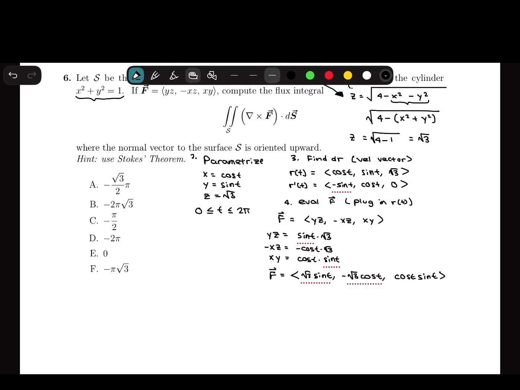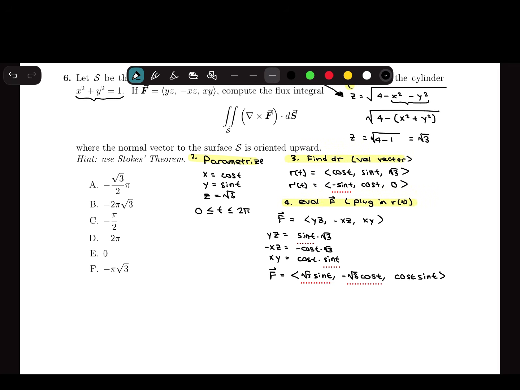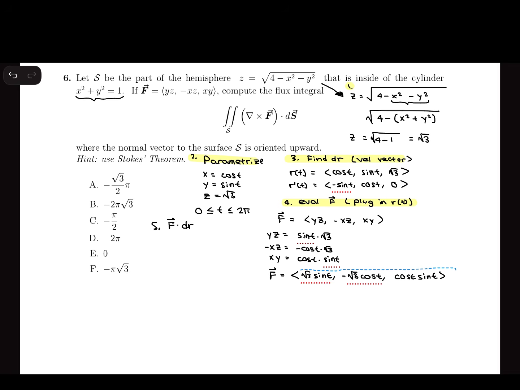Let me actually just highlight these for you. Step 4. That was step 1. This is step 2, step 3, step 4. And step 5 is to calculate the dot product of vector f times dr. So we're going to be multiplying vector f times dr. So let me just yank this real quick.